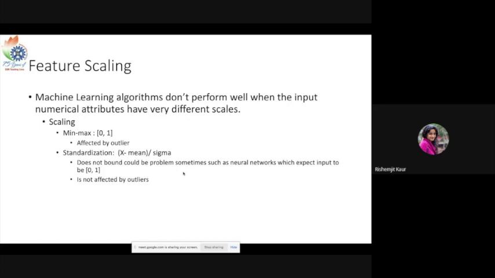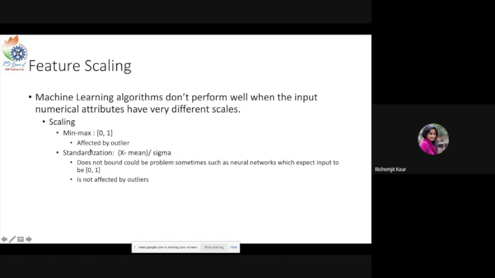It has a disadvantage that it is affected by outliers a lot. Let's say there was only one level with the value 1000, and all the rest were between 1 and 100. When we downscale it to 0 to 1, the same problem will happen. So this kind of scaling is very much affected by outliers.